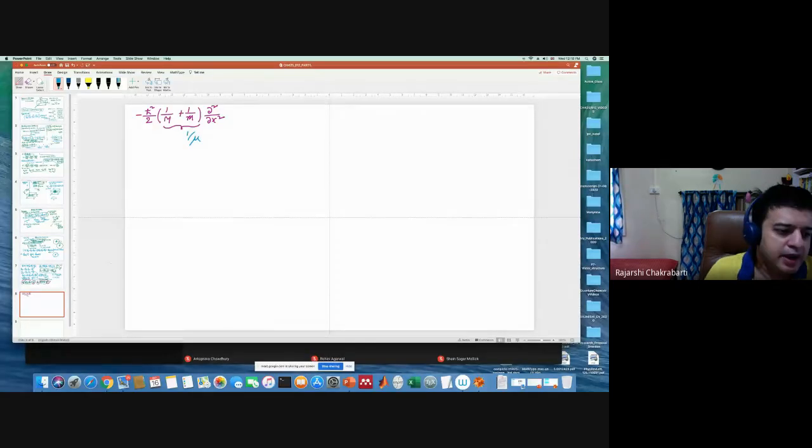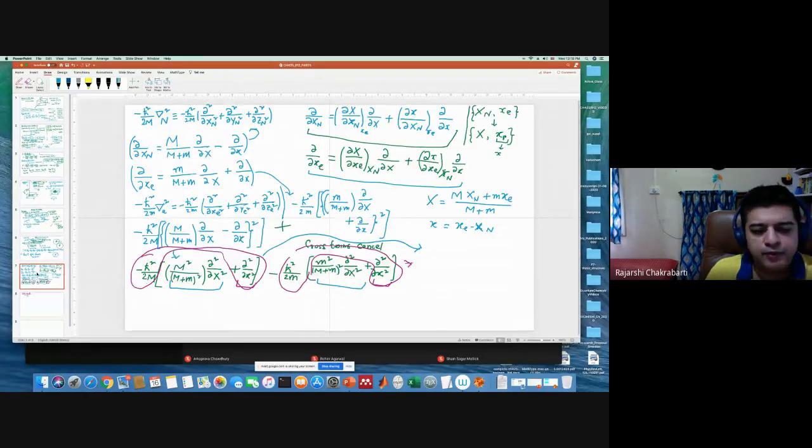Okay. And I have the other thing. I have this one, this one. This guy plus this guy. So this m, and you have m square. This will give me capital M here. This will give me small m here. And then if I add them, what I'm going to get is m plus m divided by m plus m whole square. Can you see that?